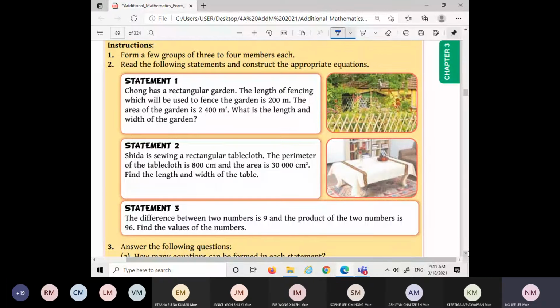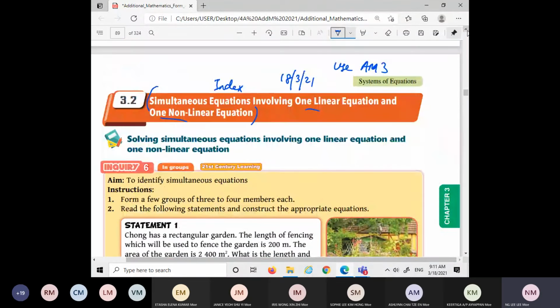First of all, you have to know what is linear and what is non-linear. Do you still remember what is linear and what is non-linear? So maybe I can call some girls to answer my questions.